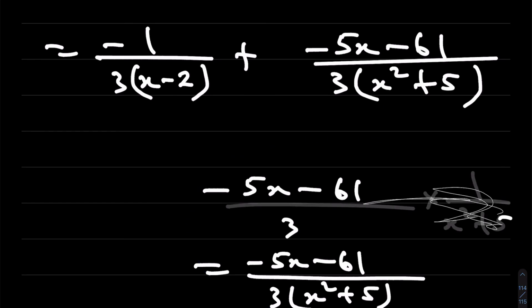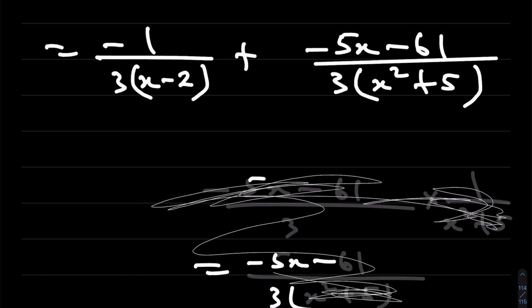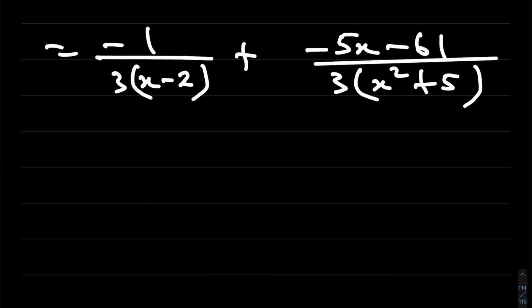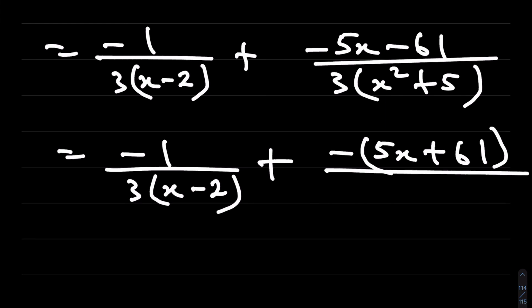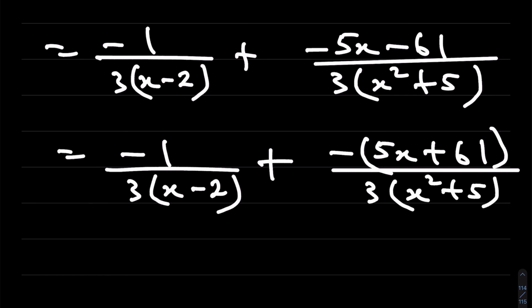And now, what can I do? I can simplify a little further. So I want to write that as minus 1 over 3 times x minus 2. If I factor minus 1 out of this numerator, I'm going to be left with plus minus into bracket 5x plus 61 all over 3 into bracket x squared plus 5.